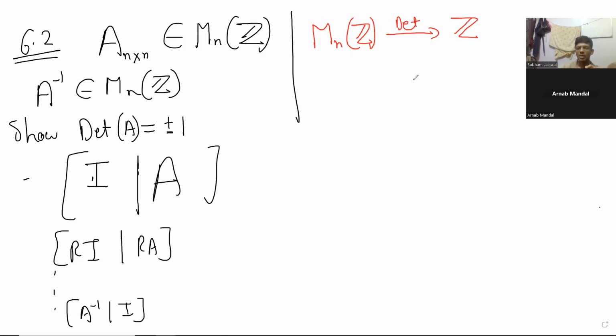Now the problem is that this is not a ring homomorphism. It's a monoid morphism, which means it only respects the multiplication. It doesn't respect addition, of course.